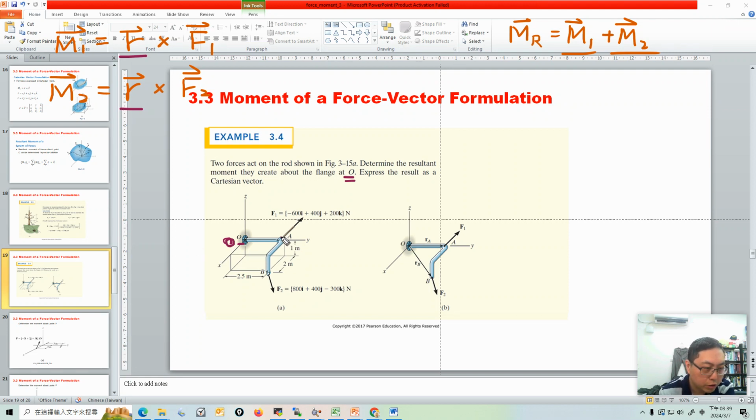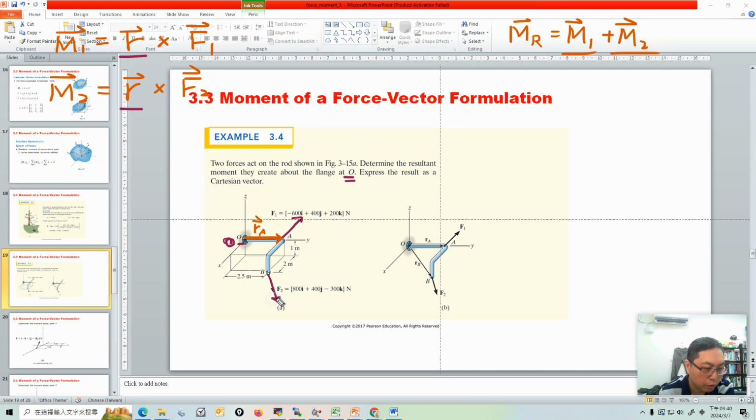The force one is acting here, so the simple choice of the position vector for force one is this one. Let's say it's point A, so call it RA. RA is here. The other is force two, in this direction.